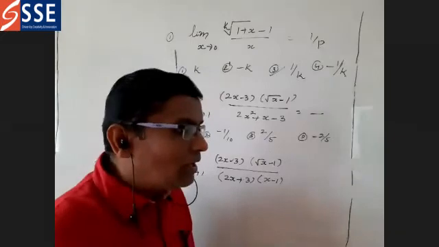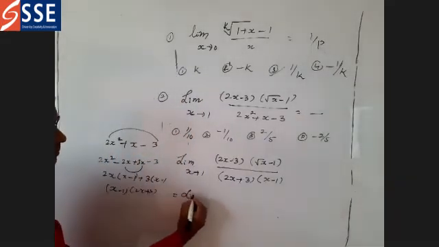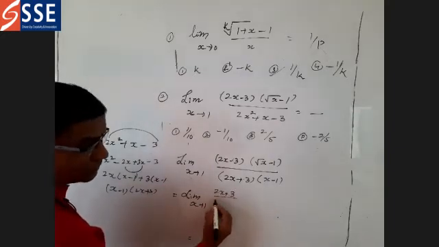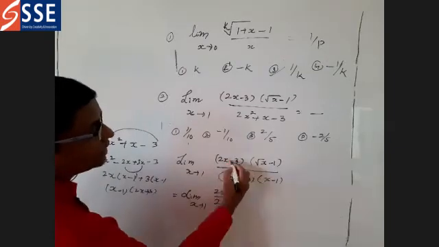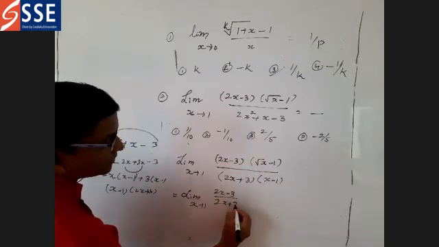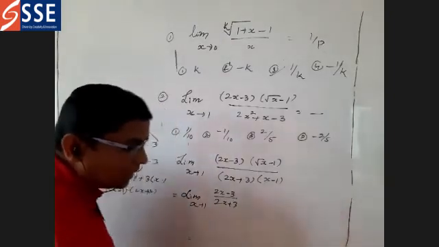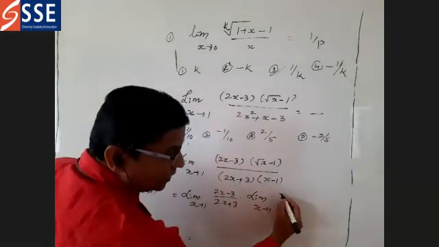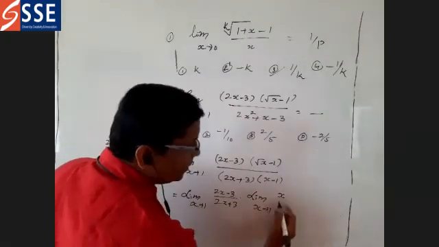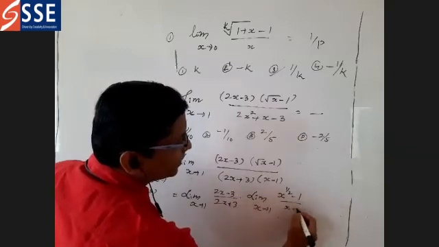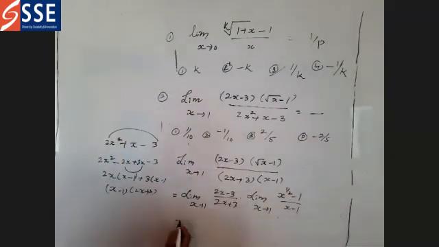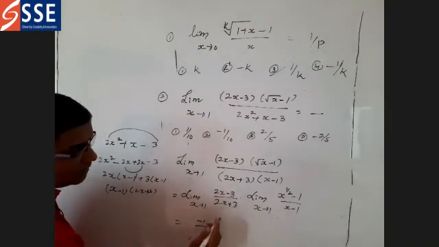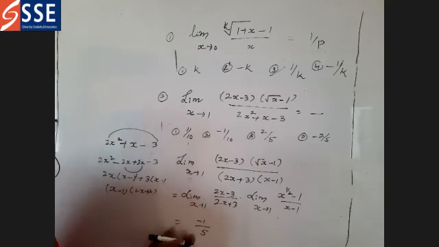Now you can go for separating this: limit x tends to 1 of 2x minus 3 divided by 2x plus 3, and then again separated as limit of x power 1 by 2 minus 1 by x minus 1. Substitute 1: 2 ones are 2 minus 3 is minus 1, divided by 5, so minus 1 by 5.